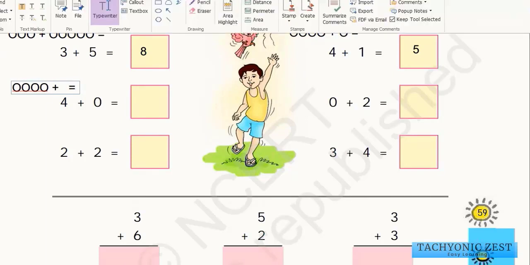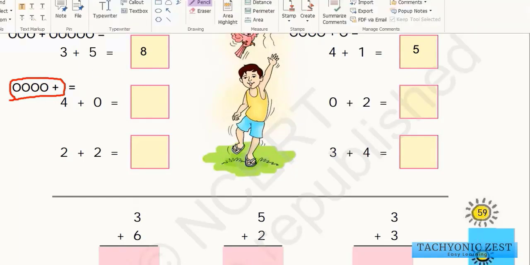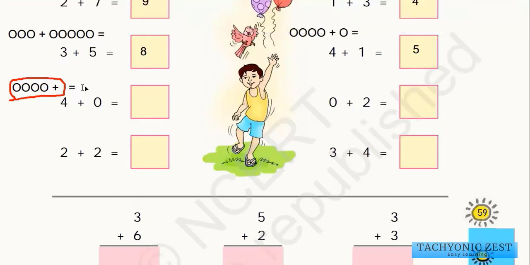We have to count all the balls that are present here together. It is 1, 2, 3, 4, and here there are 0 balls. So the total is 1, 2, 3, 4. So the answer to this question is 4.